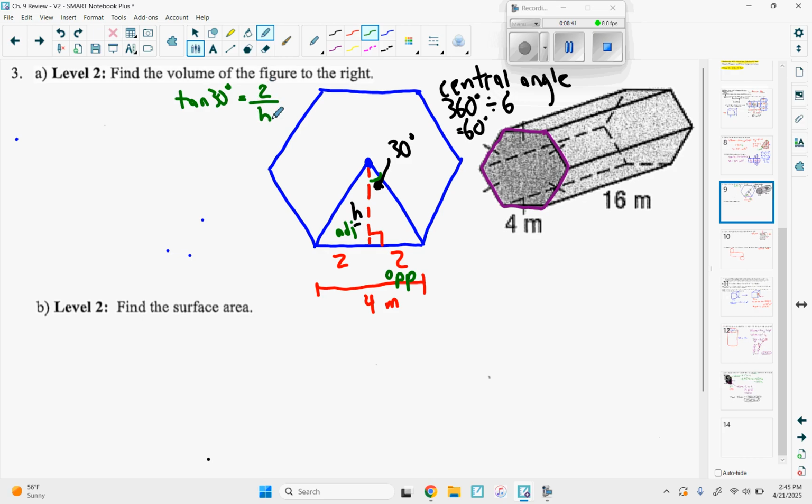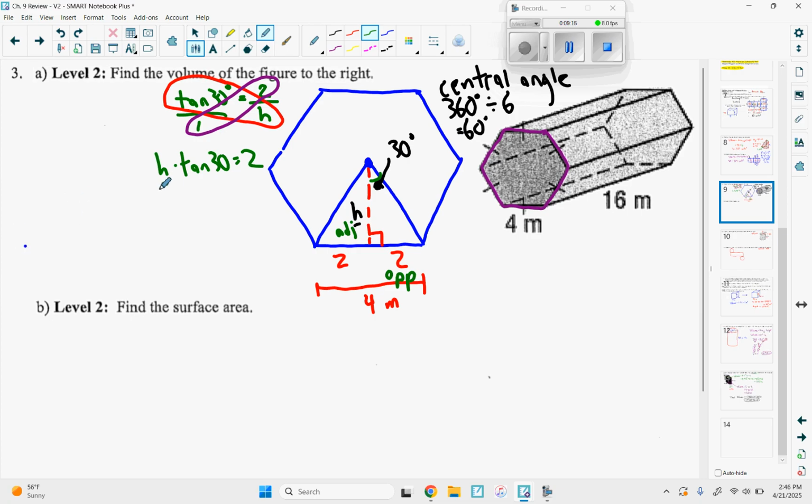We're going to solve this for our height. So I got h tangent of 30 equals 2. And all I did there was, let me back up a step. I'm going to cross multiply to get rid of my proportion. So I got h tangent of 30, and then 2 times 1, that's just 2.